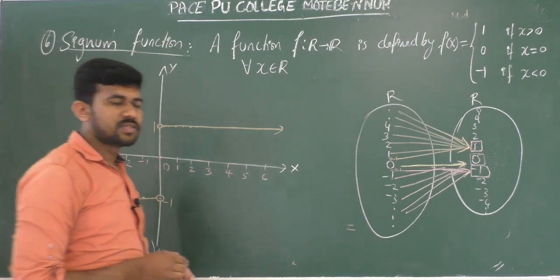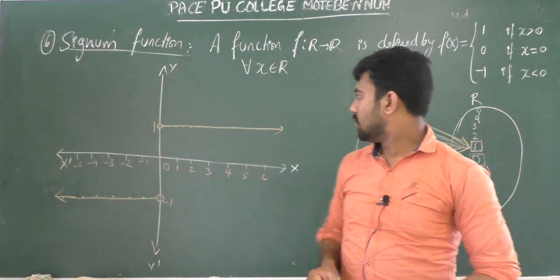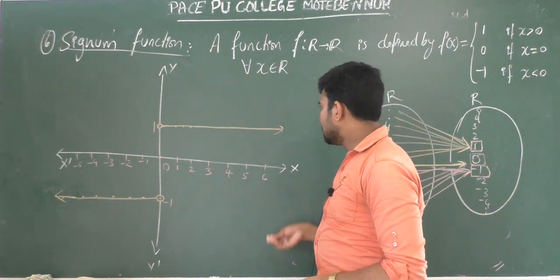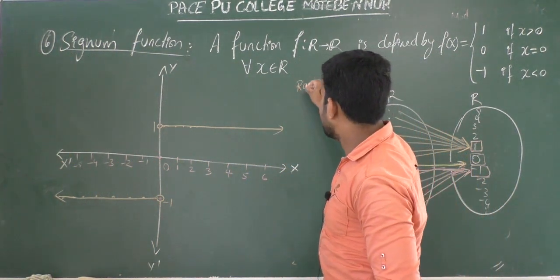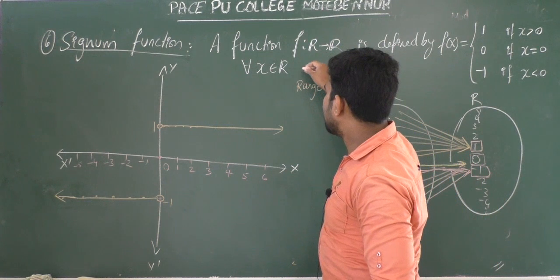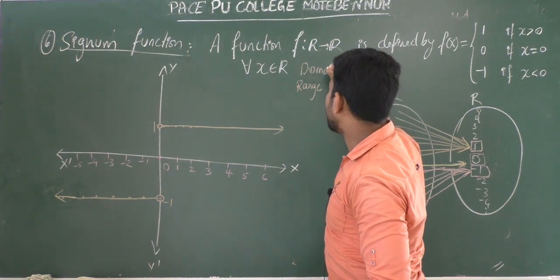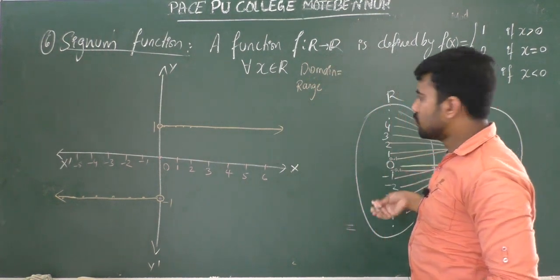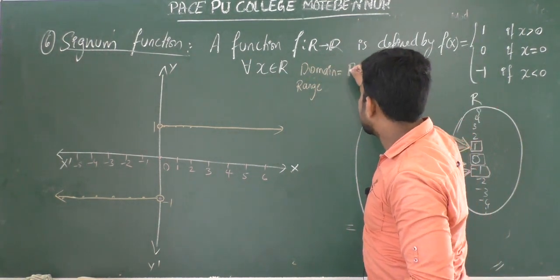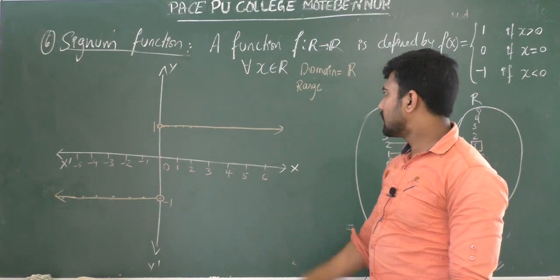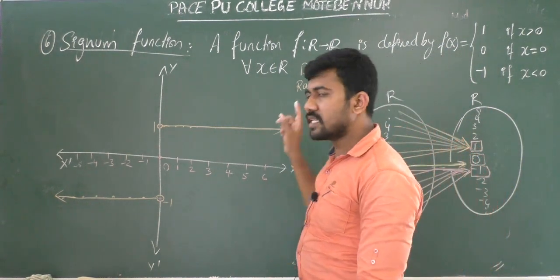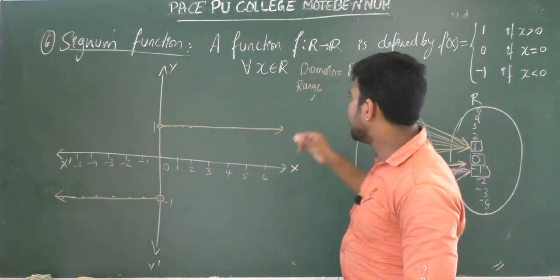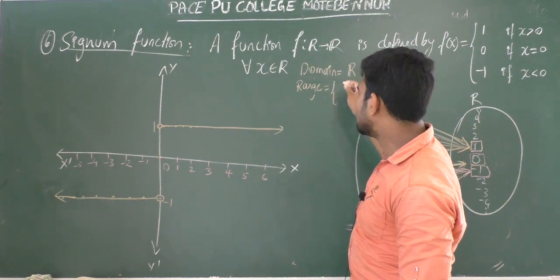Okay, so we can observe the domain and range of this function now. This is the graph of the function. Okay, and now what is the domain? Domain means you can consider any real number from the domain, that is nothing but real numbers. But what is range? Range is nothing but the set of all image elements. So you can list out the image elements here.